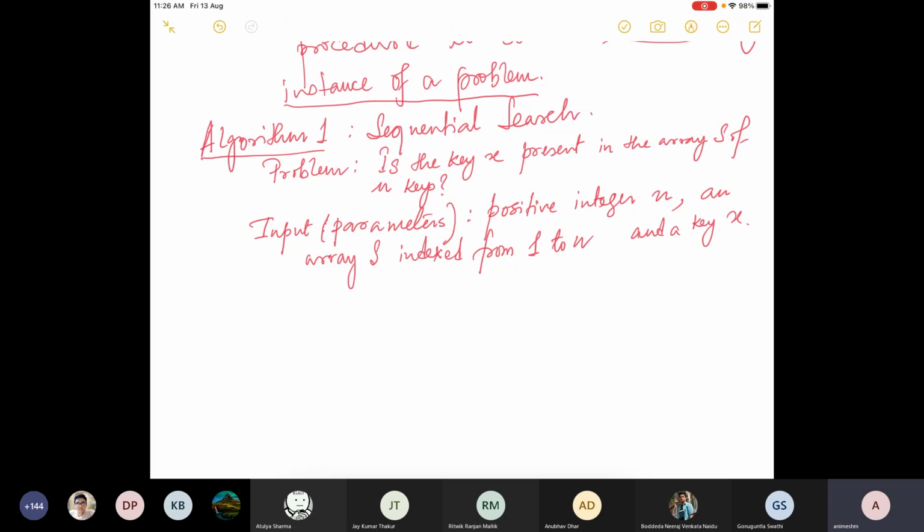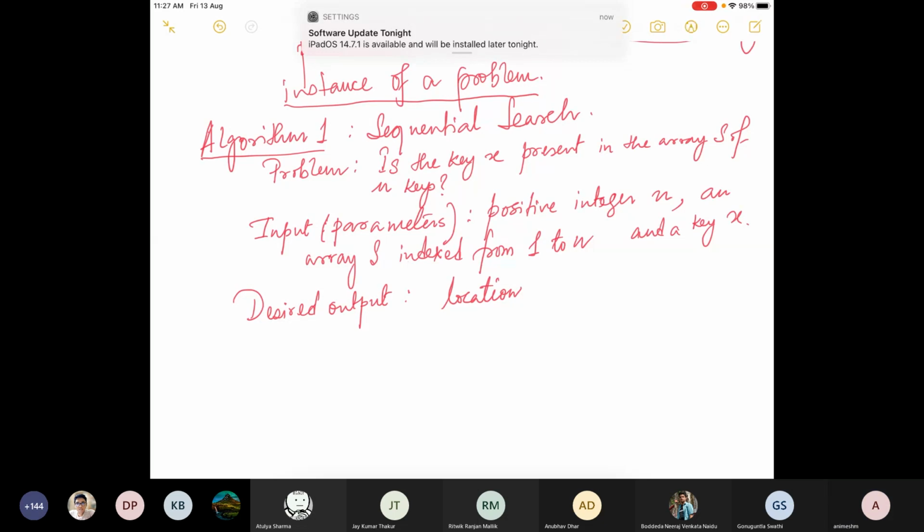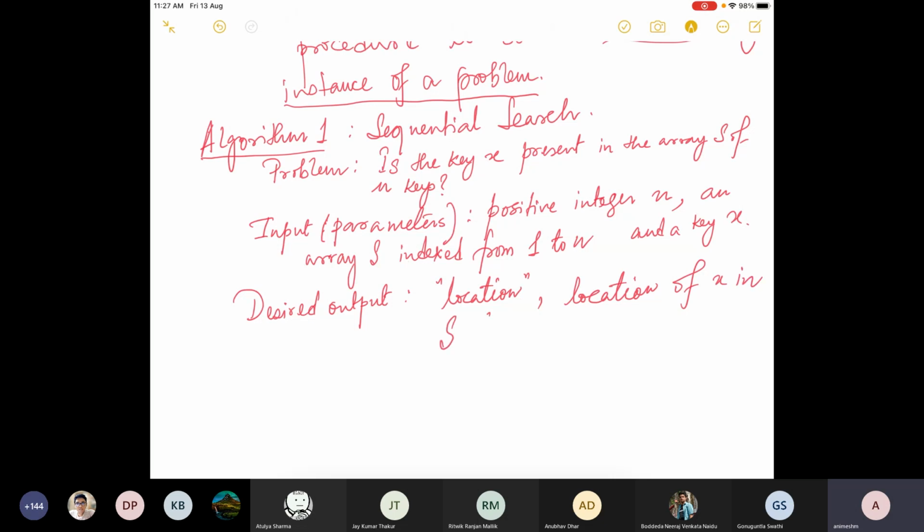So these are your inputs. Desired output: location, which is the location of x in S, 0 if x is not in S.